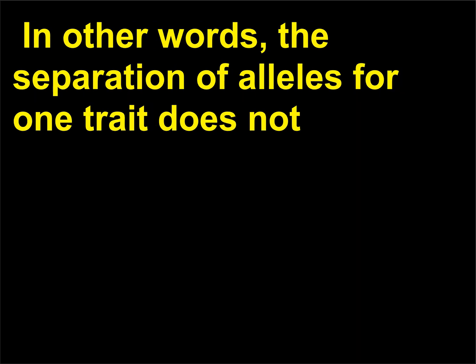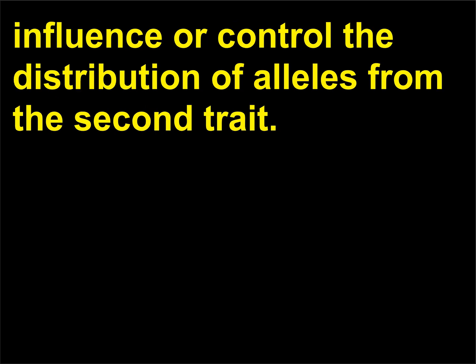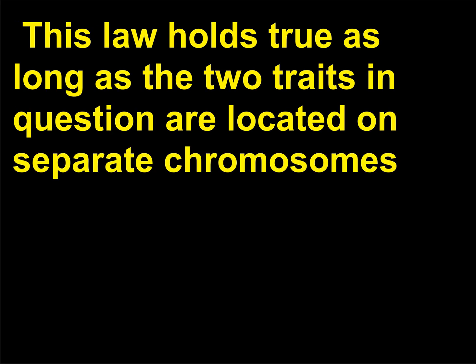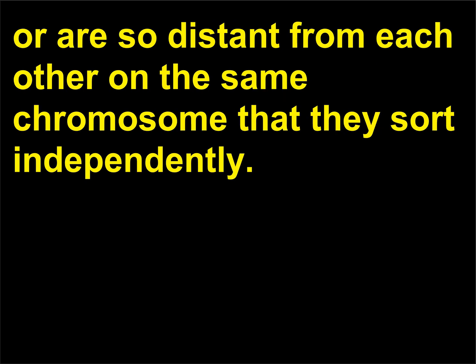In other words, the separation of alleles for one trait does not influence or control the distribution of alleles from the second trait. This law holds true as long as the two traits in question are located on separate chromosomes, or are so distant from each other on the same chromosome that they sort independently.